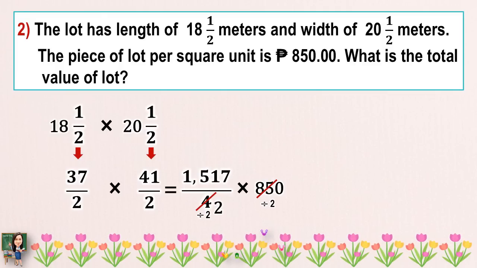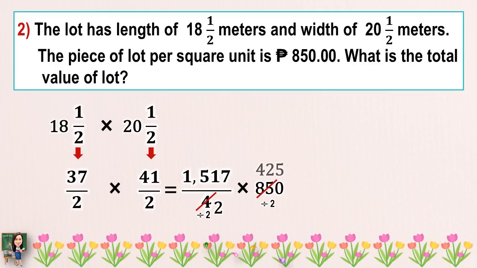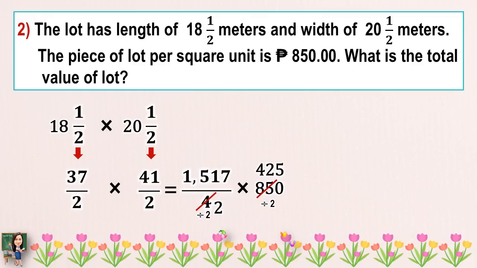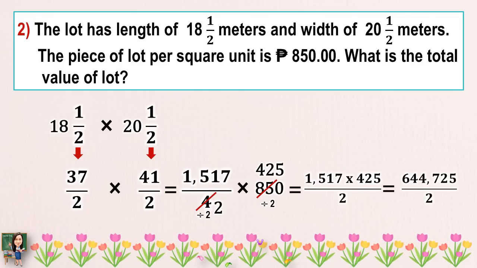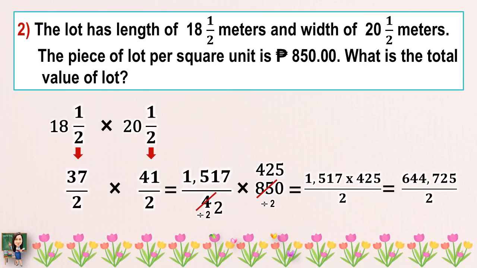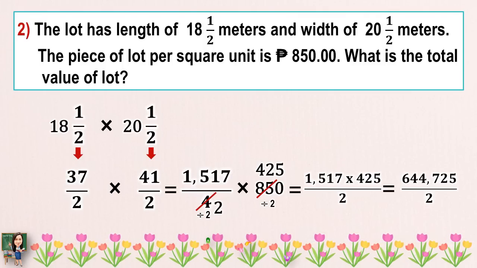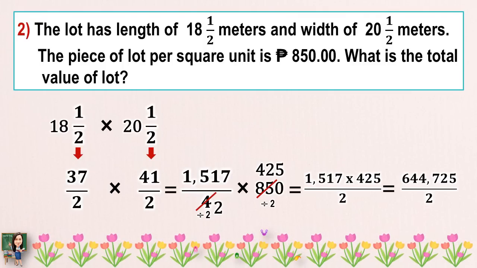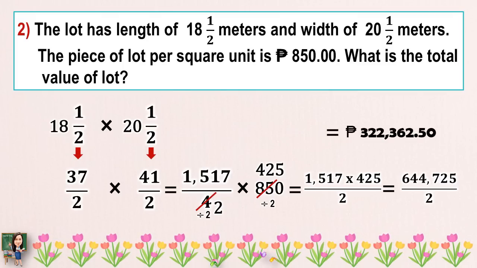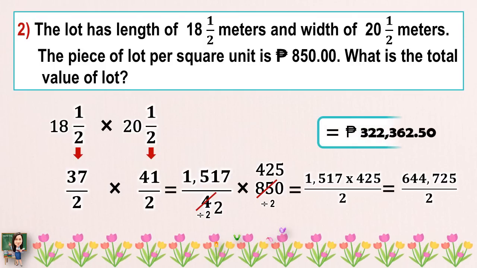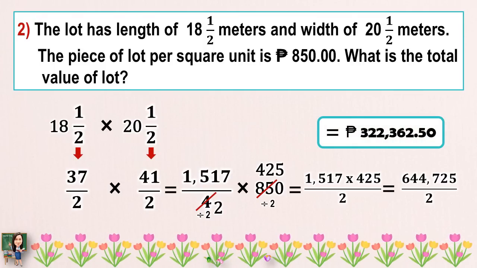Then 850 divided by 2 equals 425. 1,517 times 425 equals 644,725 over 2. Divide. 644,725 divided by 2 equals 322,362.50. That is the total value of the lot.